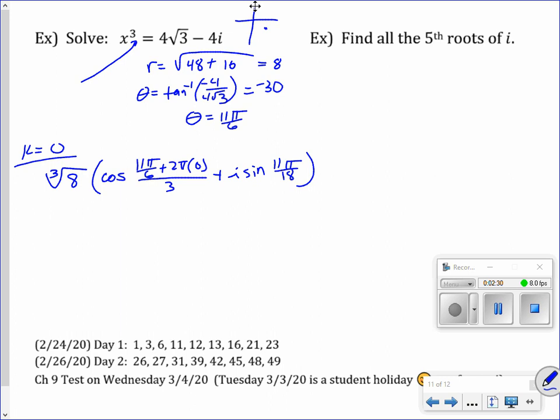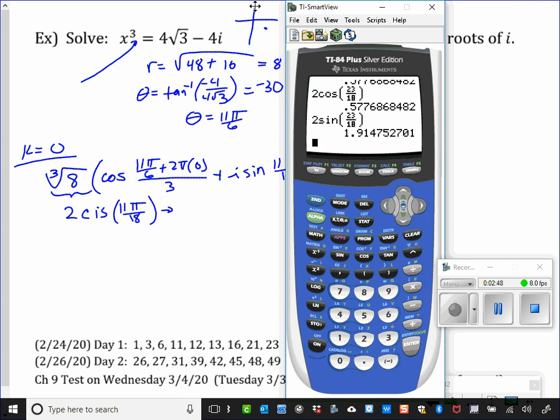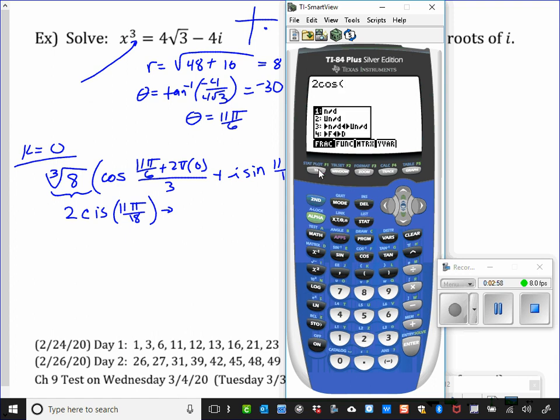All right, so the front part is a 2. So 2 times cosine plus i sine of 11 pi over 18. 11 pi over 18 is not something you're supposed to memorize off your unit circle, so we're just going to type it in. I need 2 times the cosine of 11 pi over 18.